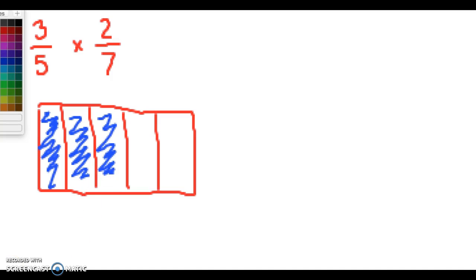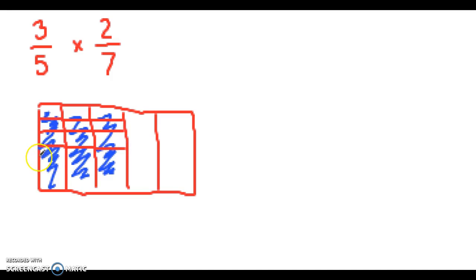So now, through our multiplication problem, we want 2/7 of these 3/5. This means we're going to split our whole up further into 7 groups. Because we're focusing on our 3/5, right now we're just going to split our 3 into 7 different groups: 1, 3, 5, and 6.